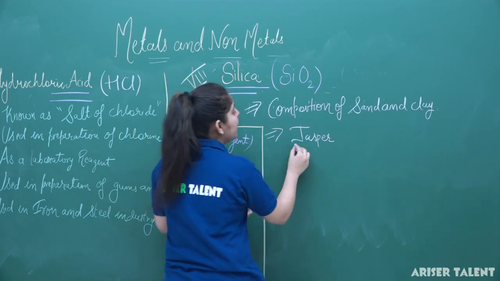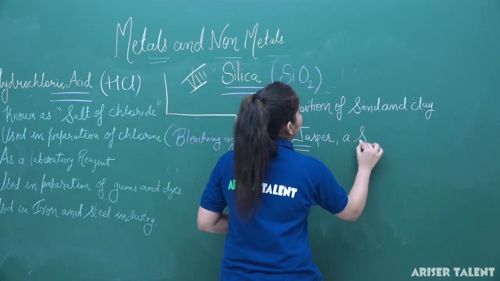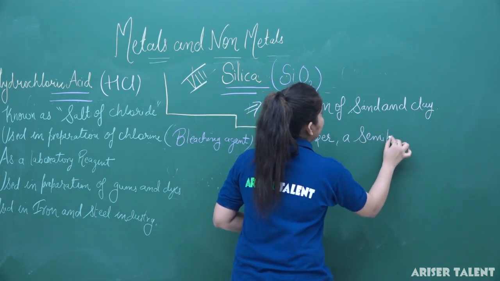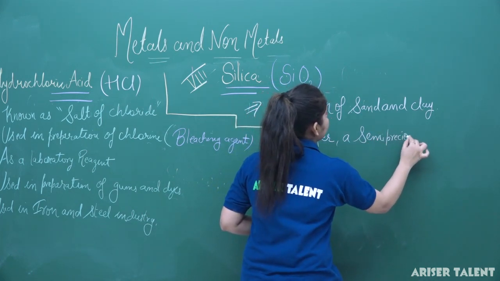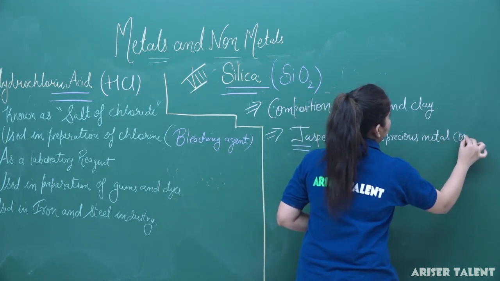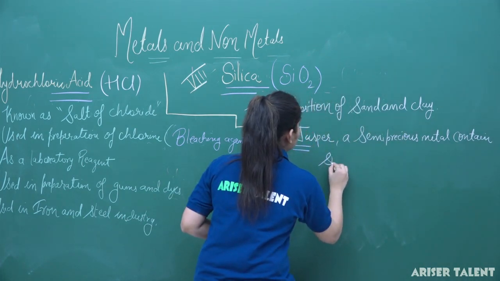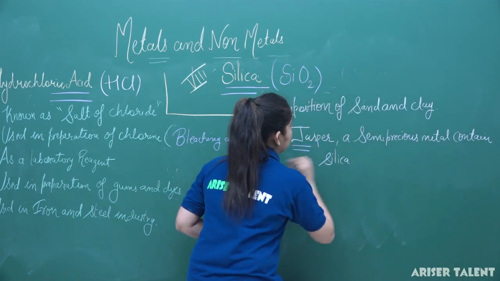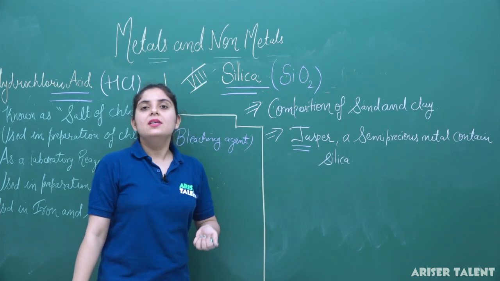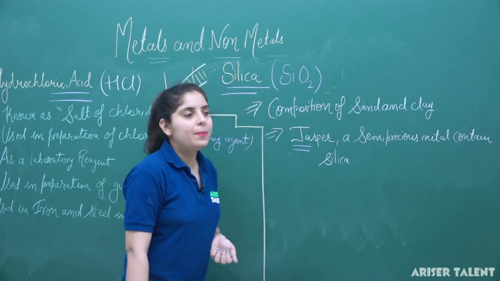Jasper is actually a semi-precious stone containing silica. Next use is that silicon is prepared from silica, which is used for electronic purposes.